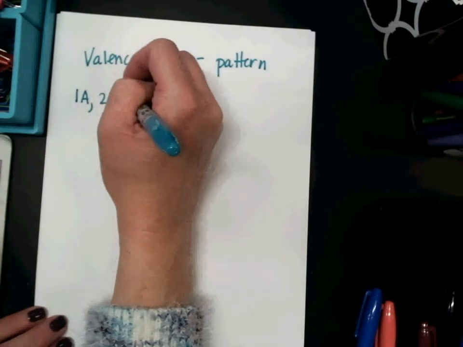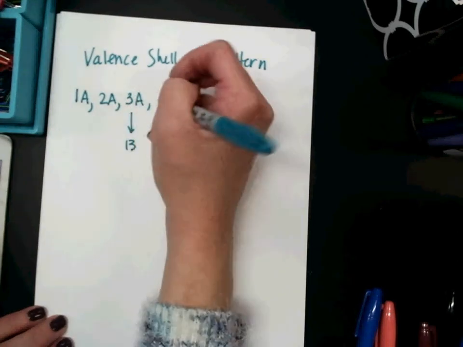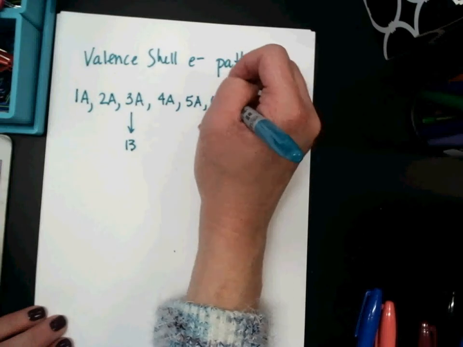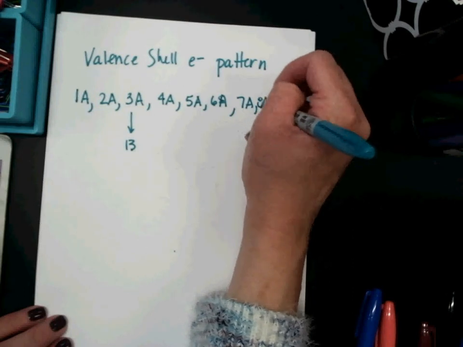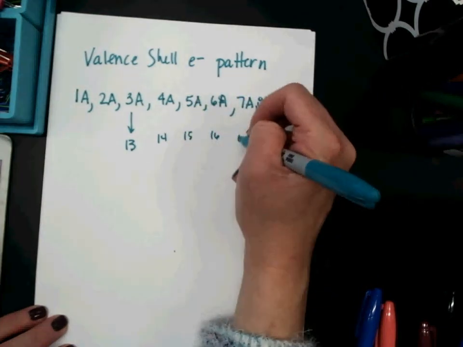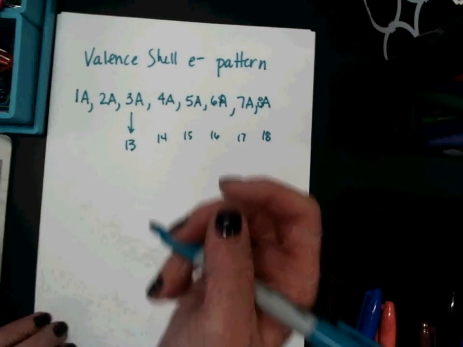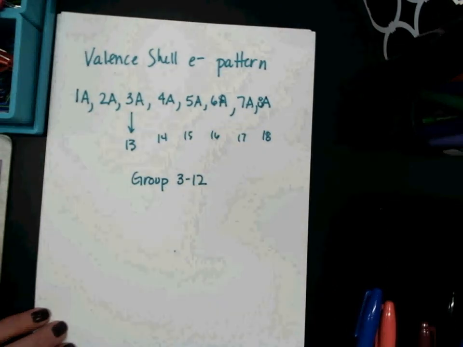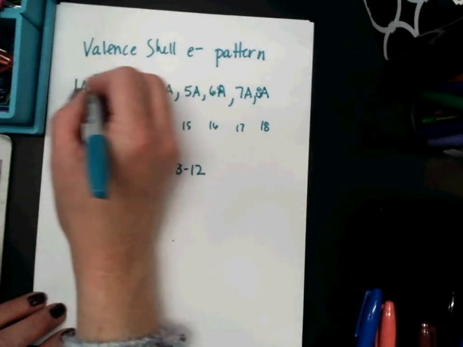I know I have 1A, 2A, 3A, which is actually for us sometimes group 13, 4A, 5A, 6A, 7A, 8A. So this runs 13, 14, 15, 16, 17, 18, depending upon how the periodic table is set up. We know that in the middle we have those groups 3 through 12, but we don't have a real distinct pattern there.